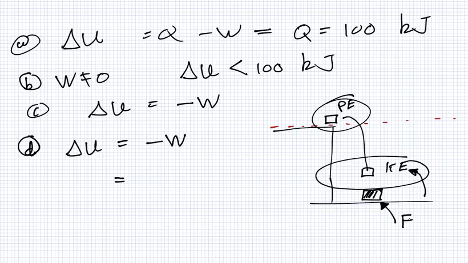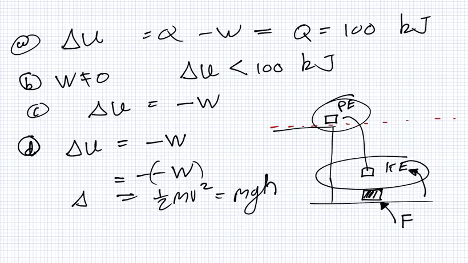The work is going in rather than coming out. It's not like the kettle did any work. It's the opposite direction here. So in this case, it will be a half mv squared, or mgh, whichever you prefer.